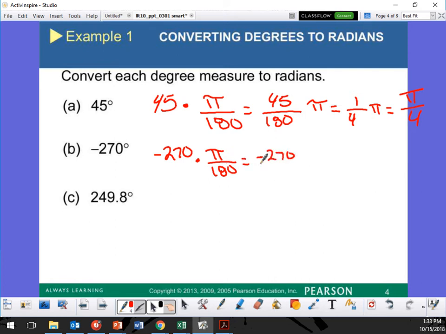Negative 270 over 180 with the pi off to the side. 3 pi over 2. Oh my god, this is so much easier.